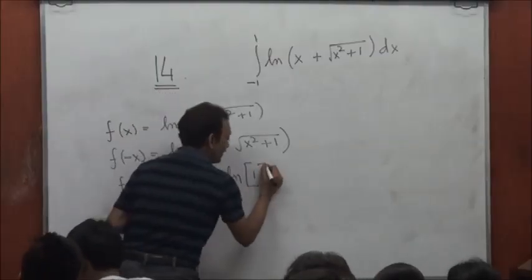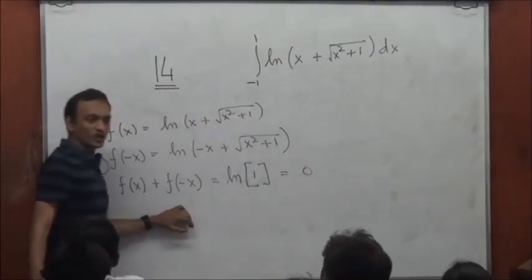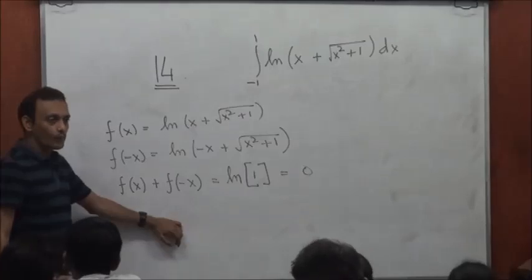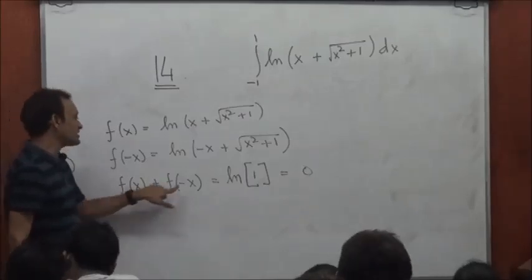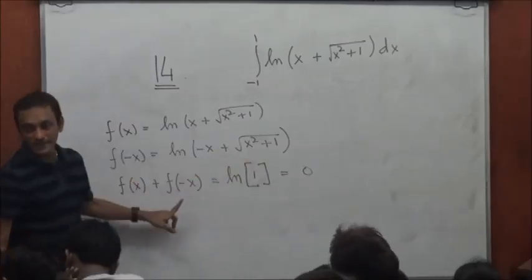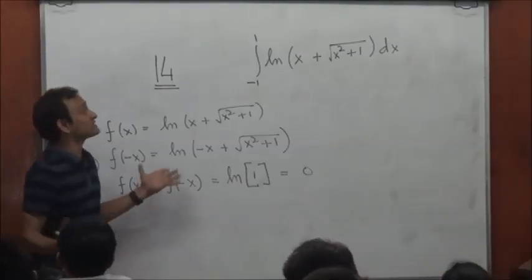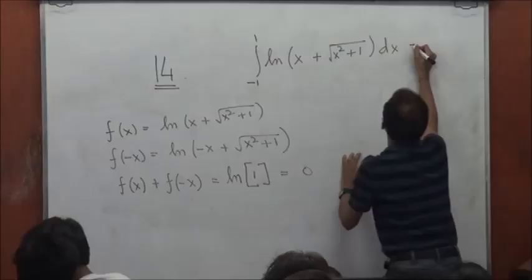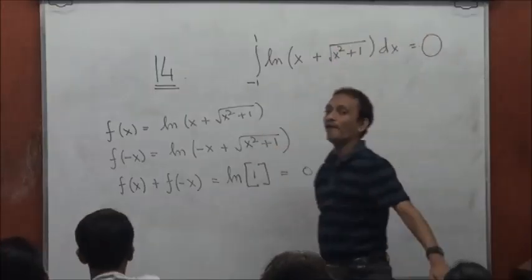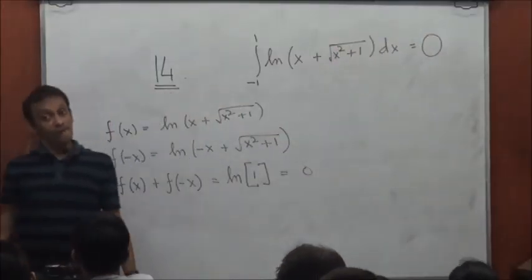So that's going to be ln 1, which is 0, yes or no? That means fx plus f of minus x is 0, which means f of minus x is minus fx, so f must be an odd function of x. If fx is an odd function of x, this integral must be 0, right?